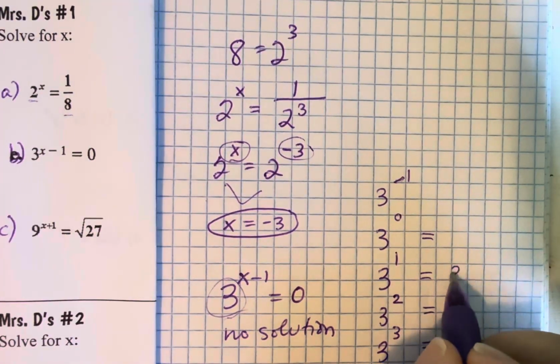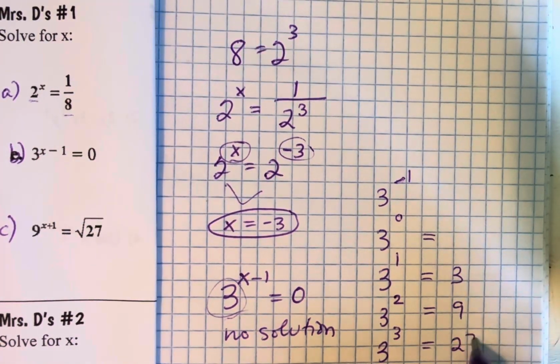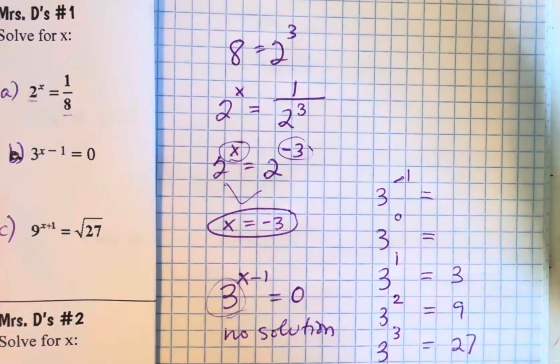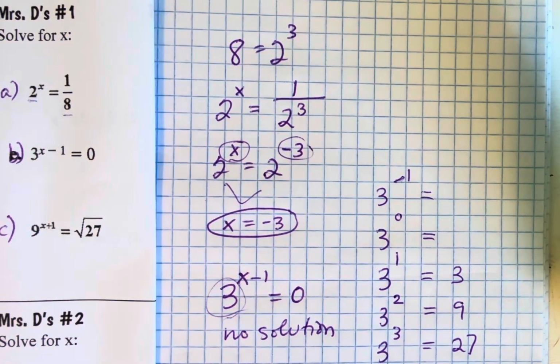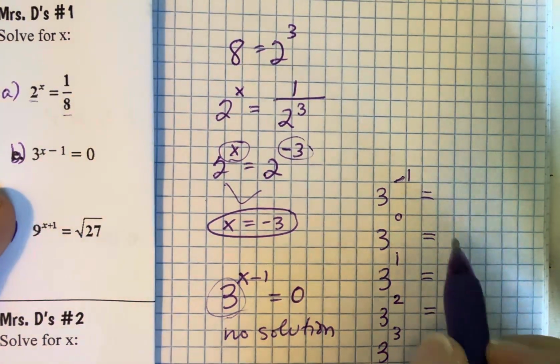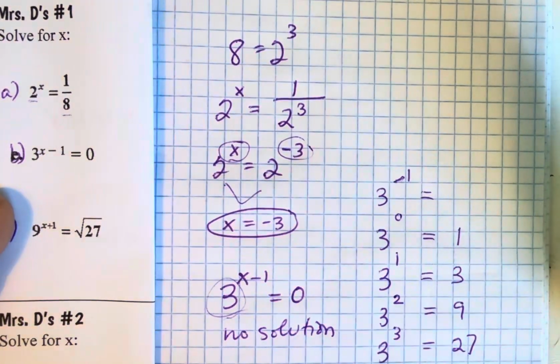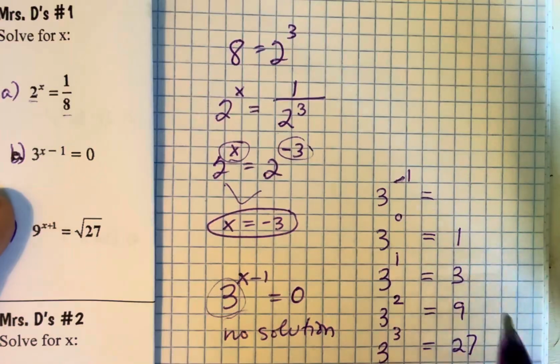So that's 3, 9, 27. As we make our exponents larger by 1, our expanded form goes up by a factor of 3. So I can apply this logic backwards by dividing by 3 versus multiplying by 3.